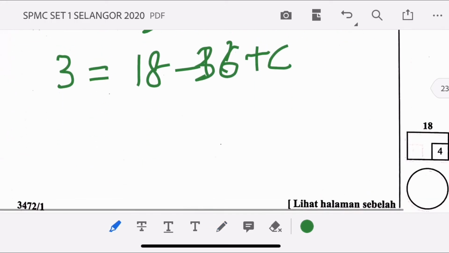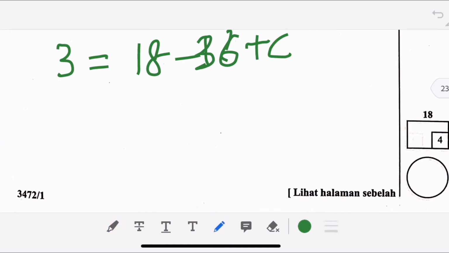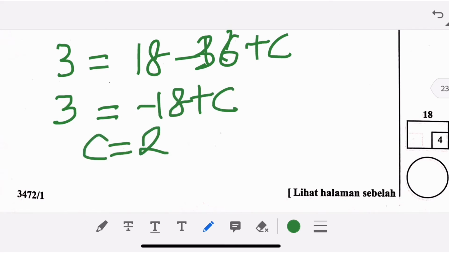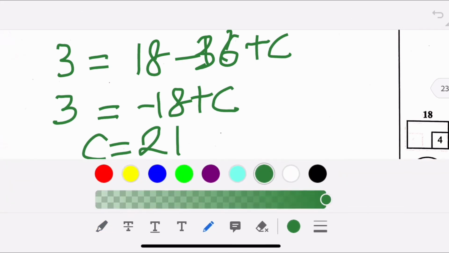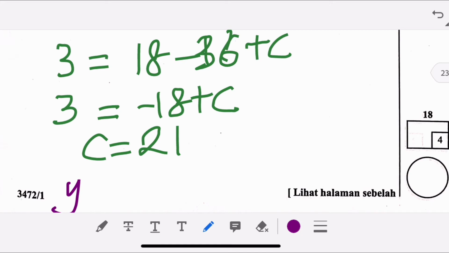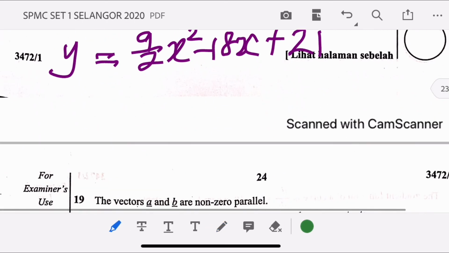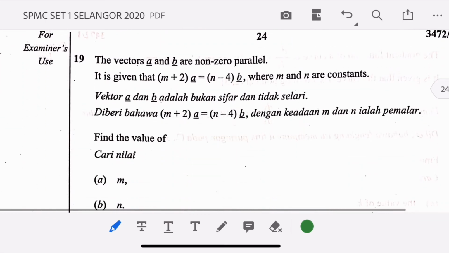So 3 is equal to negative 18 plus c, so c is 21, right? So let's rewrite the curve. y is equal to 9 over 2 x squared minus 18x plus 21. Okay, that is the right answer for equation of the curve.